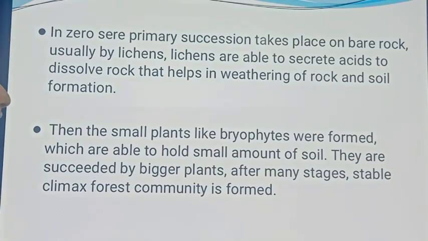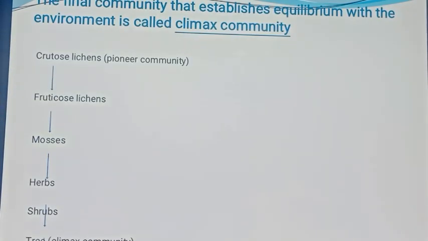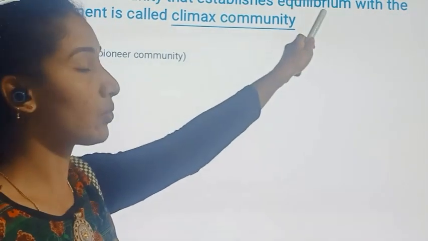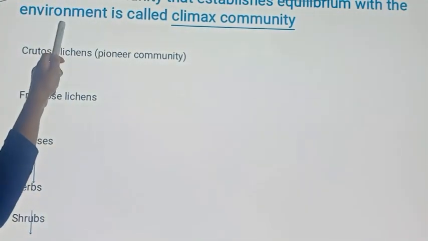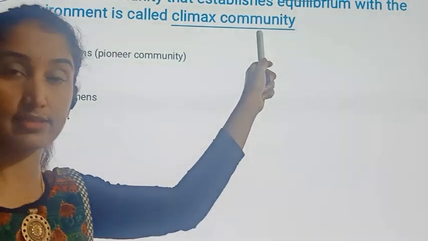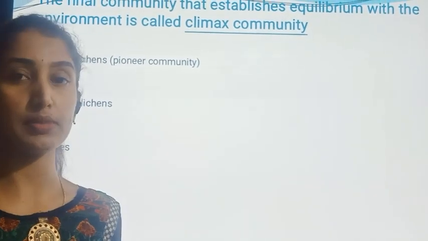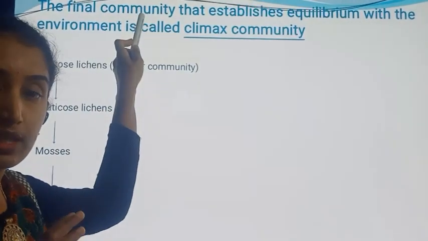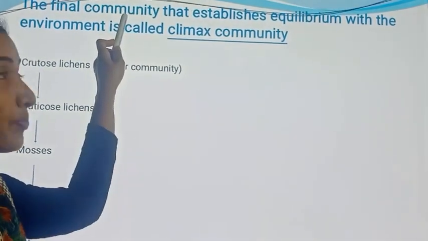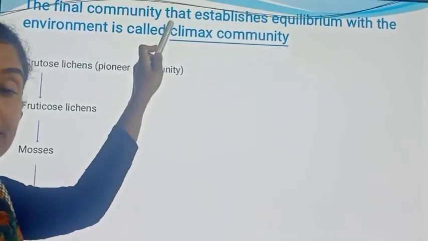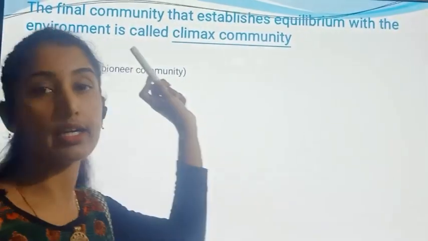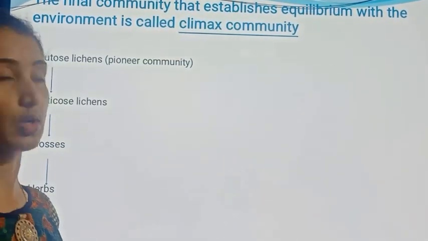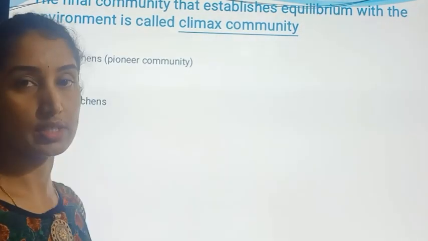The final community that establishes equilibrium with the environment is called the climax community. A climax community is a completely formed, well-developed community formed through several stages.